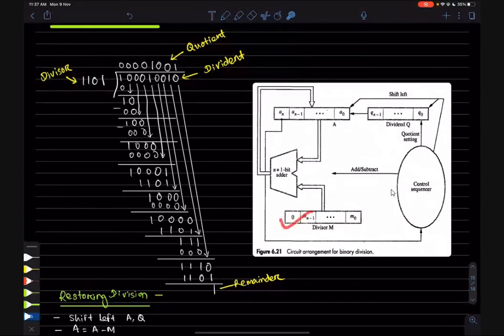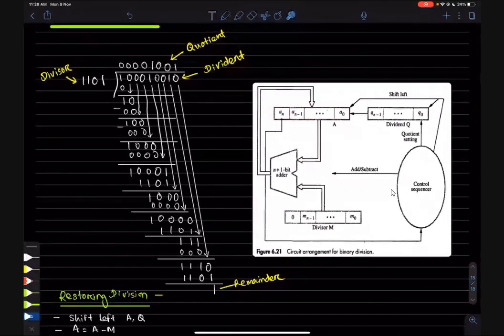One thing you have to see here is that M0 to Mn minus 1 is there, but we have one extra value, that is 0. 0 is nothing but the sign bit. That means it is a positive divisor. Also you have seen here that it contains the n bit value plus an extra bit. This is also a sign bit. So we will see what is the use of An. Okay, so A0 to An minus 1 is our normal value, plus an extra value which is your sign bit.